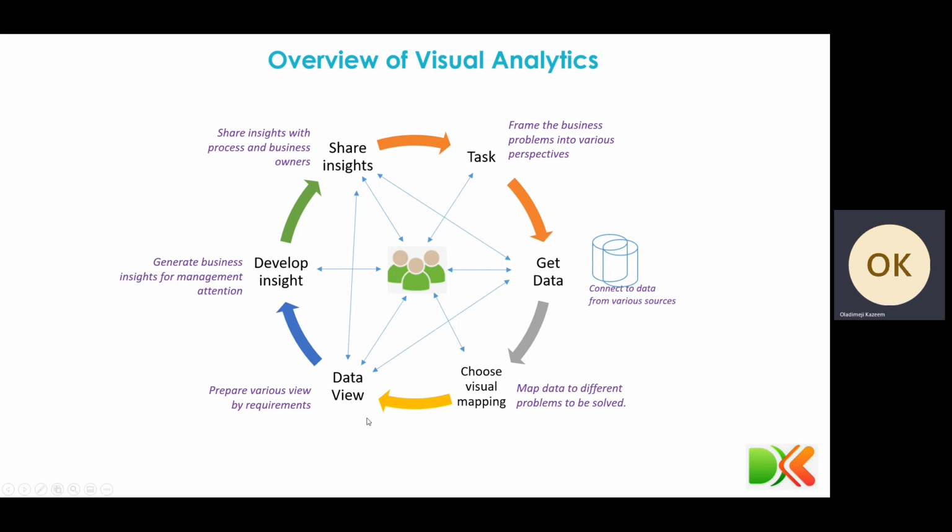Now, when data is viewed by people that have the right to look at it, and we are able to see insights that have been discovered, then this insight is shared with business process owners or business executives. That is the flow of data within the visual analytic terrain.